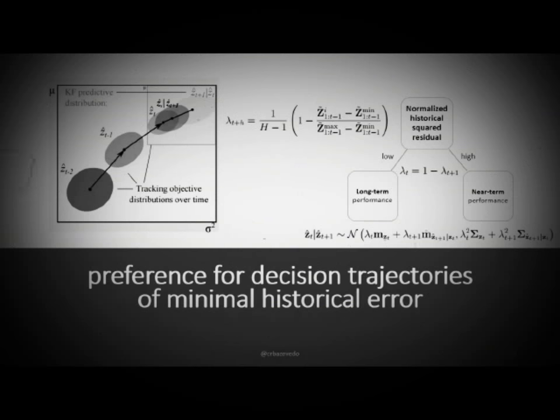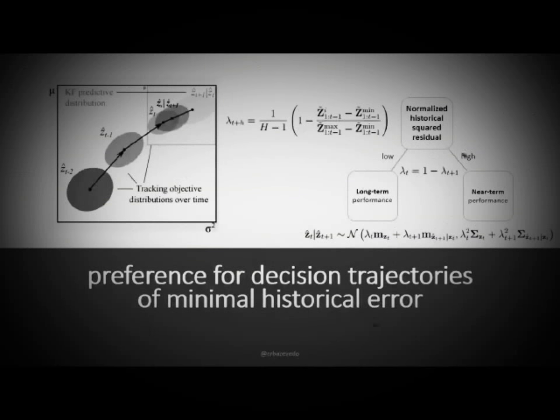I get those errors, and I take the current error of the current distribution and normalize that by the difference between the maximum and the minimum error in the historical set. By doing that, I have a nice heuristic to set up lambda.